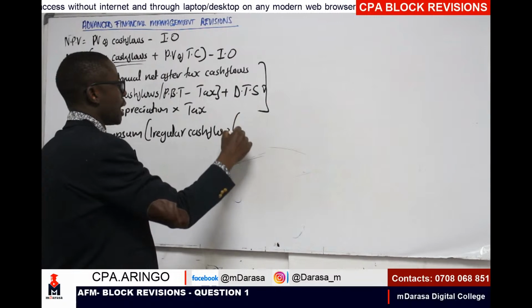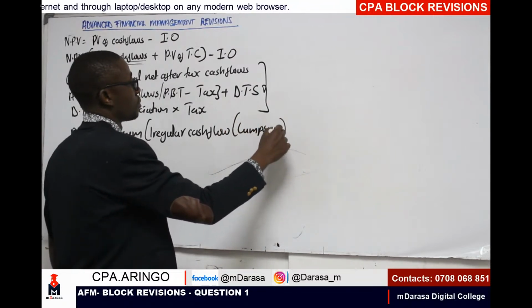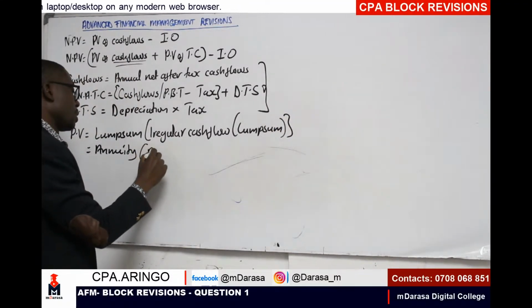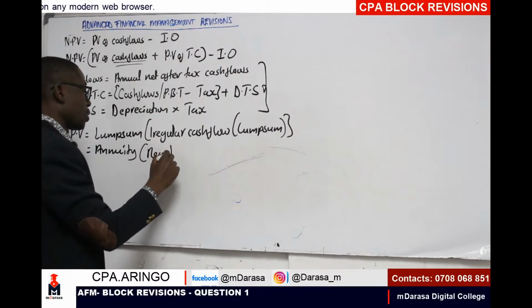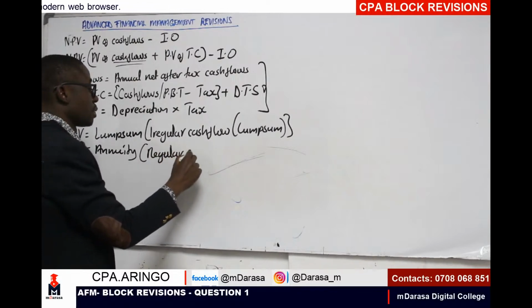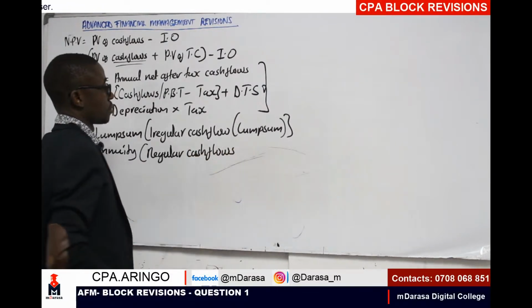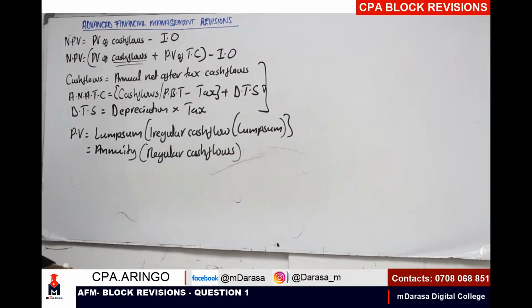Annuity is regular cash flows, equal all through.